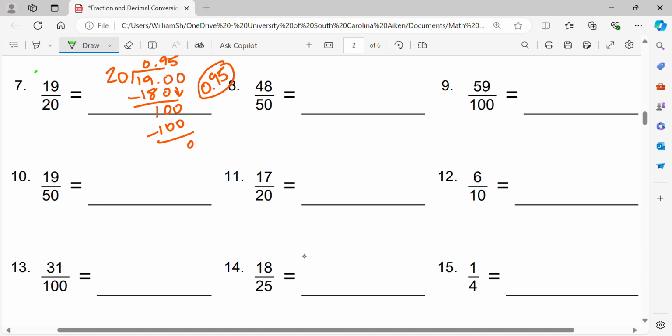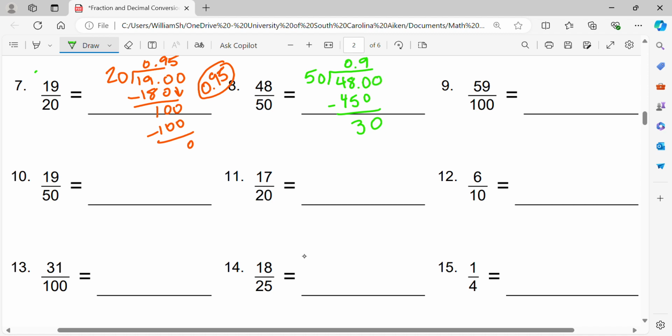How about 48/50ths? 48 out of 50. I'm going to divide 50 into 48. Obviously 50 won't go into 48, so I'm going to add a decimal and a 0 here. 50 will go into 480 though. How many times? Let's do 9 times. 9 times 50 is 450. If I subtract this, it should leave me with a remainder of 30.